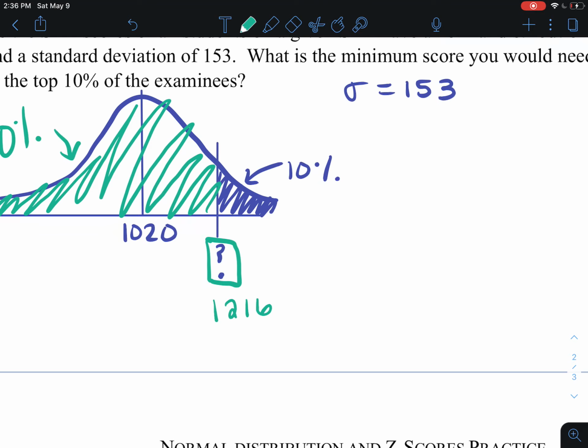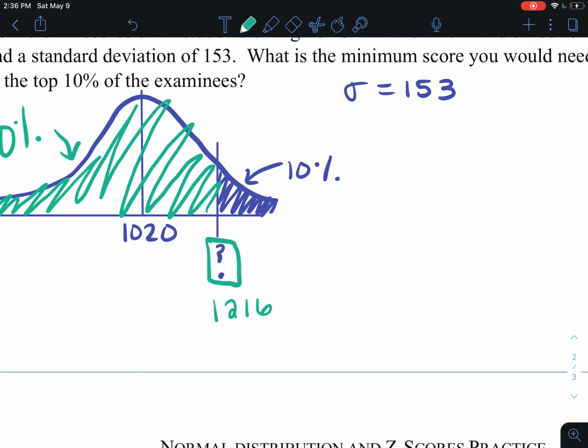Because if you didn't score at least this number, then you would not be in that top 10%. So inverse norm is a way that you can actually know the percent under the curve and let the calculator give you the score at that particular placement on the curve.